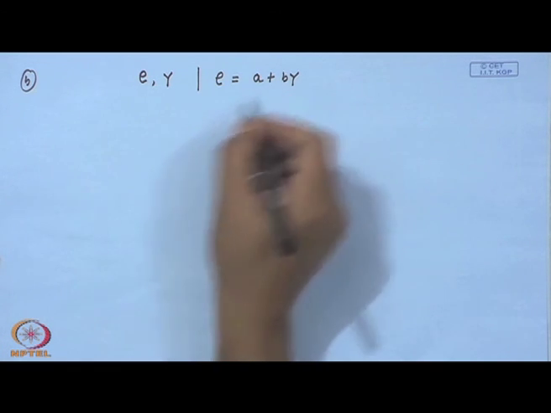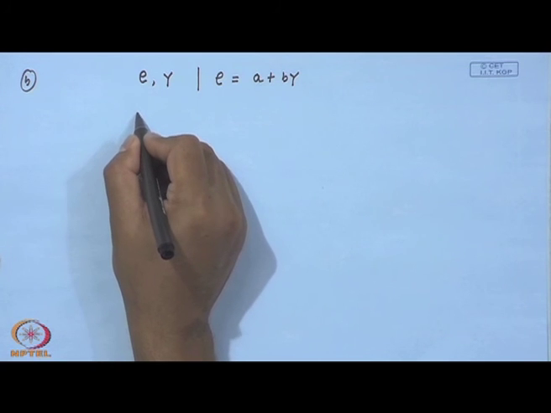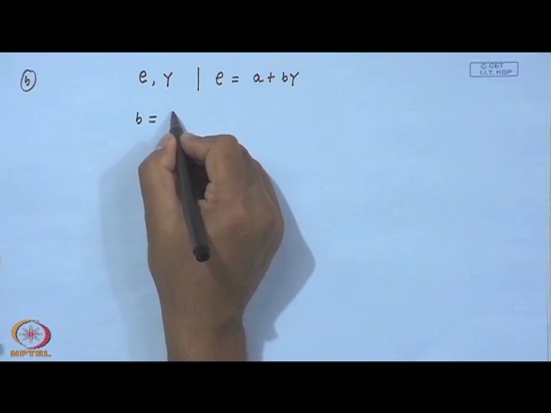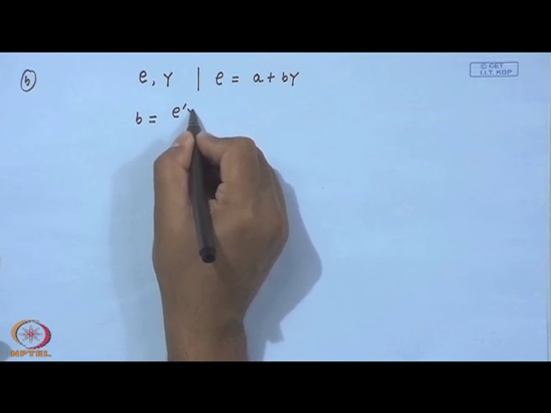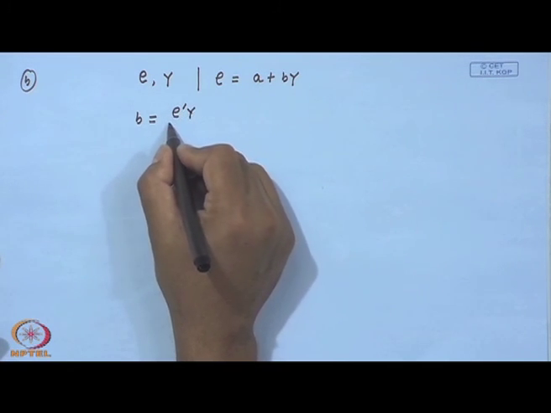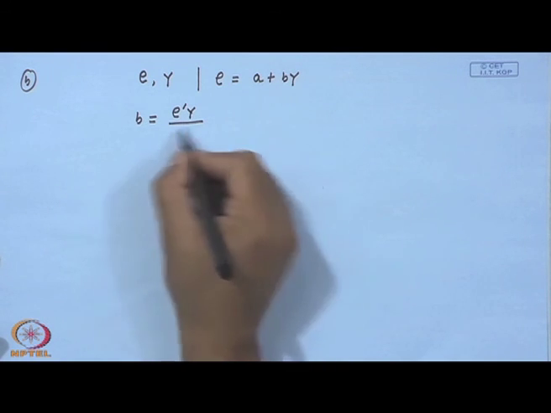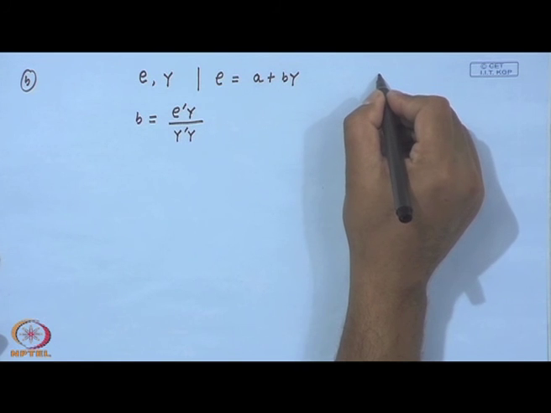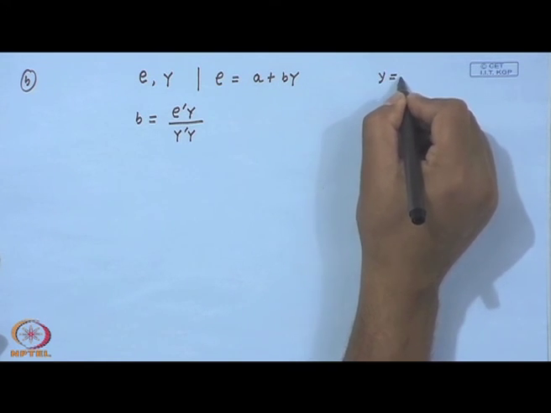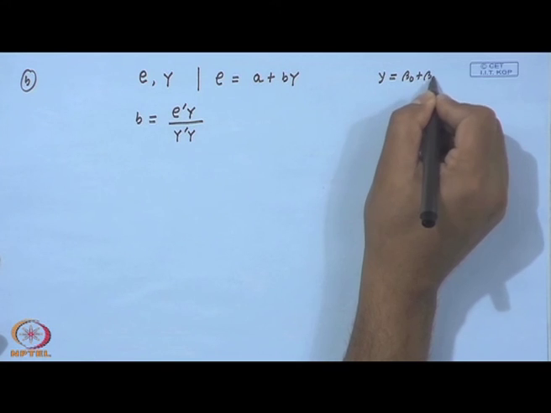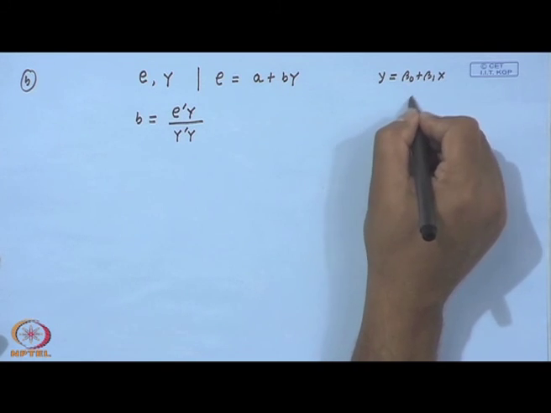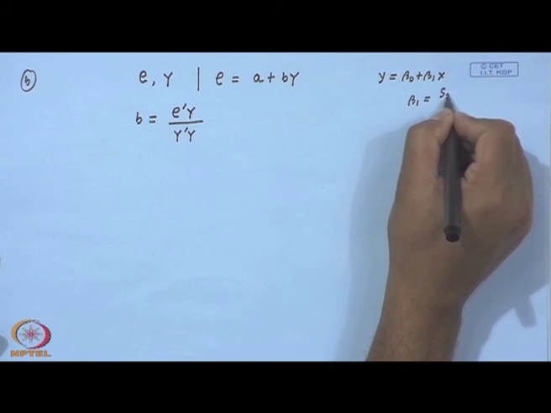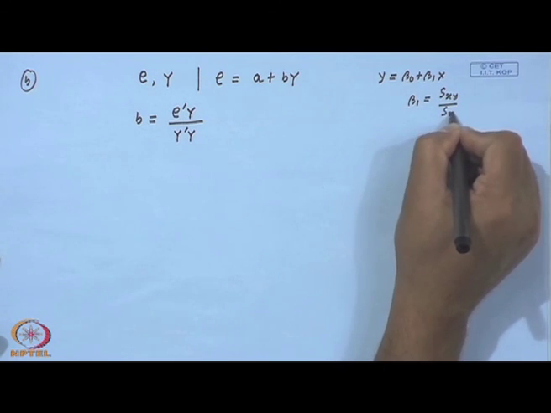We know that b is equal to E prime y by y prime y, because when we fit y equal to beta naught plus beta 1 x, we know that beta 1 is nothing but S x y by S x x.